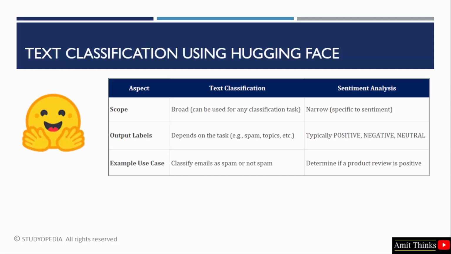In a similar way, the labels for text classification depend on the task, like I just discussed, spam or not spam or different topics. For sentiment analysis, we discussed before, it is mainly positive, negative or neutral. Some use cases include classifying email as spam or not spam under text classification. Under sentiment analysis, one use case can be a positive product review.